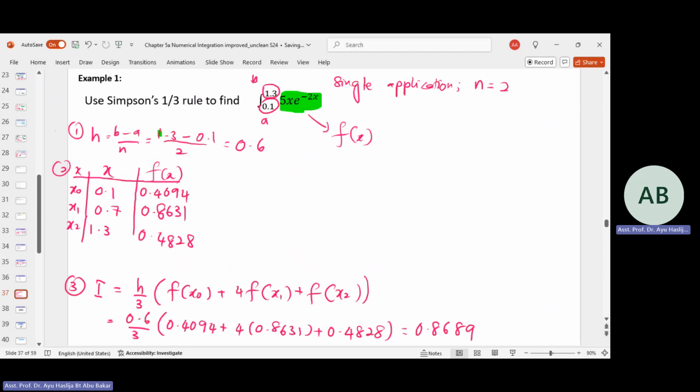You can find the true value for this function so that you know whether your answer is approaching the true value or not. What's the true value that you get?